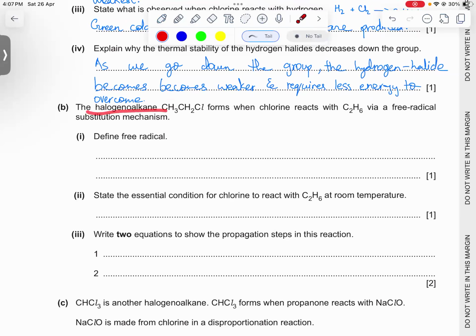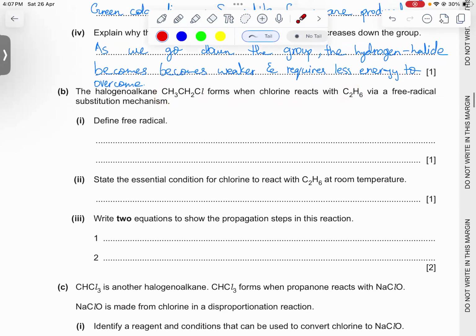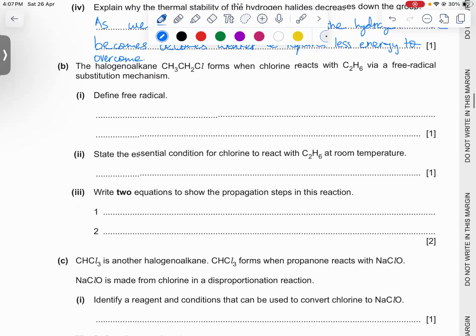The halogenoalkane forms when chlorine reacts with C2H6 via a free radical substitution mechanism. Define free radical.